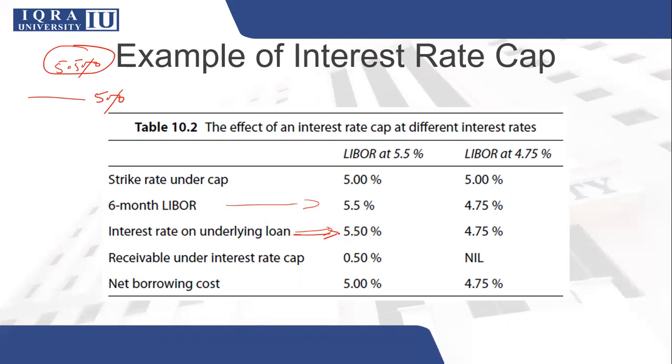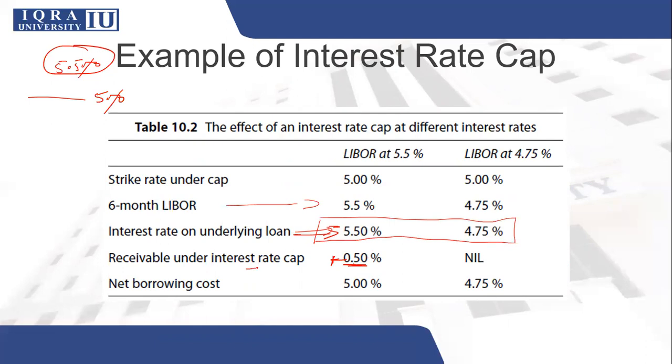From whoever he has purchased the cap, he is going to receive 0.5 from that person. So he will have to pay 5.5 and he will receive 0.5. So the net borrowing cost will be 5%. You need to understand that the loan agreement was that he will have to pay LIBOR, so he will still have to pay LIBOR.